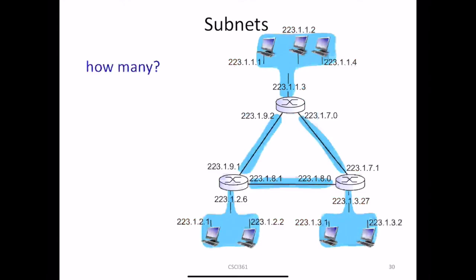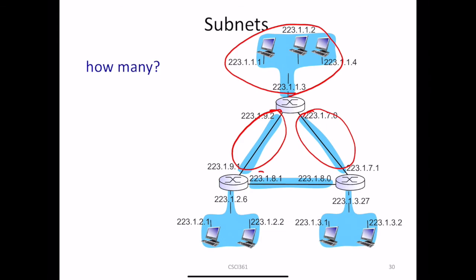Actually, the answer is 6. Maybe you are surprised why I got a different number. So let's count it together. The first subnet is this one. The second one, third one, the fourth one, the fifth one, and the sixth one.